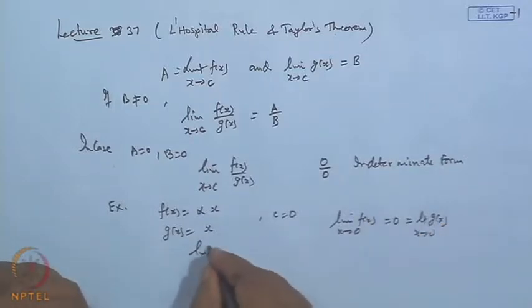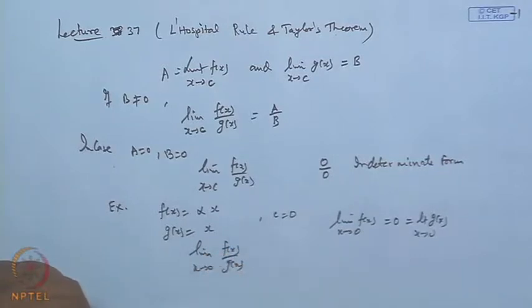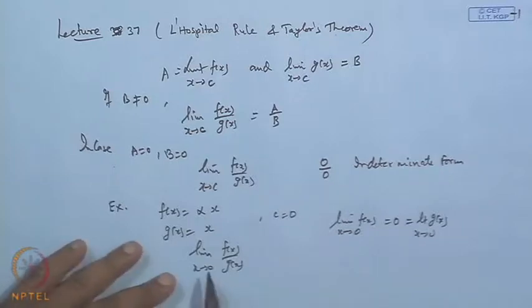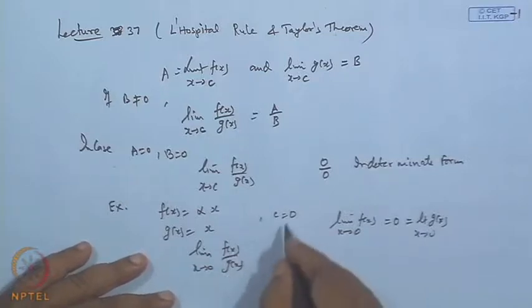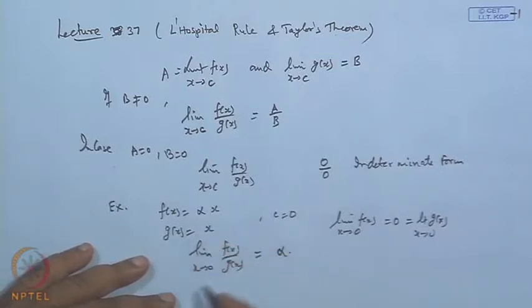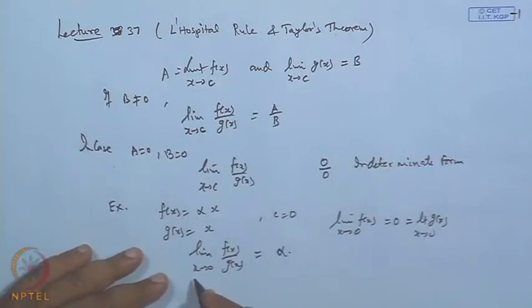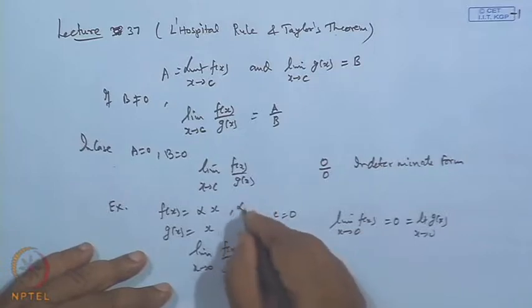So, if you take the limit of f(x) over the limit of g(x), it is 0 over 0 form. But if I substitute f(x) and g(x), then the limit will come out to be alpha, because x will get cancelled. So the limit is alpha, where alpha is a real number.